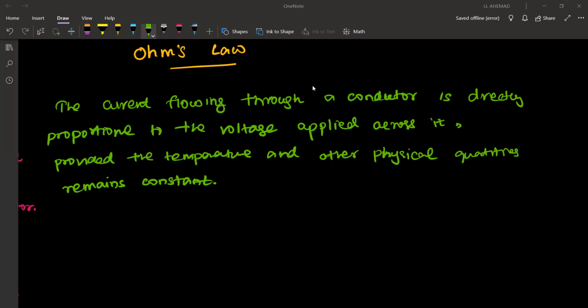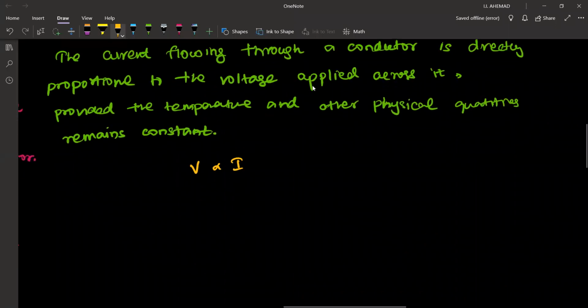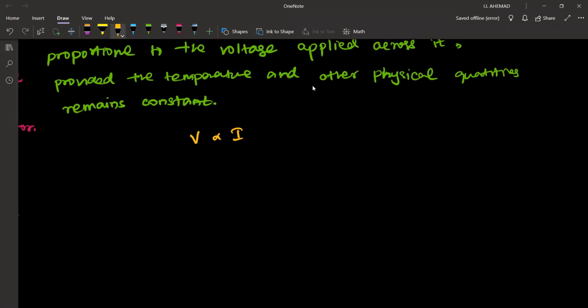Okay, so from this, we have V is proportional to I. So this is the law. To make this into an equation, we introduce the constant R. V is equal to RI, but we used to use this as V is equal to IR, rearranged.